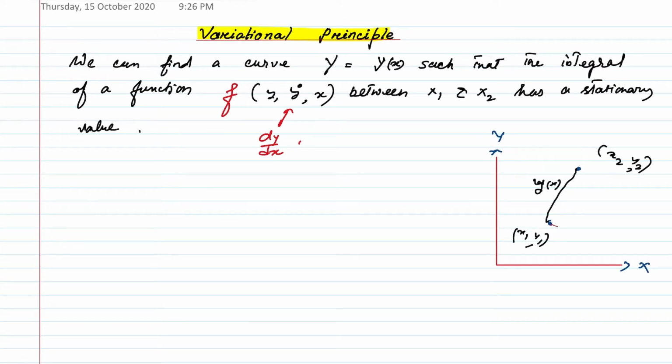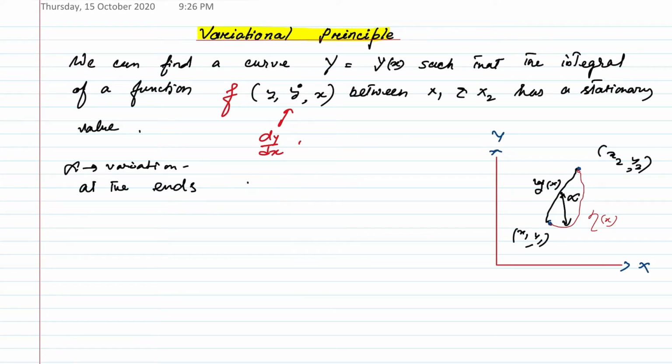So there is another neighboring path, suppose in red color, this is eta of x, and the variation is scaled by alpha. So this alpha represents variation. Now at the end points, the variation is 0.